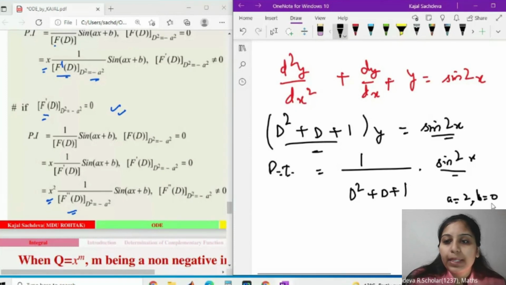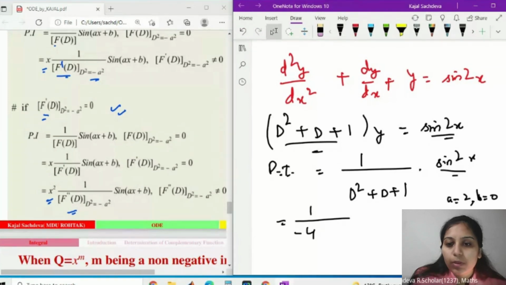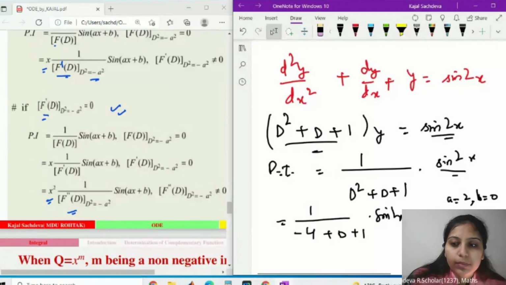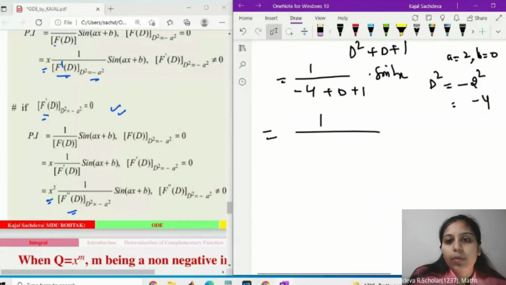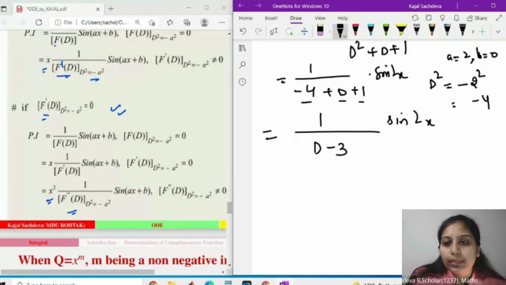So when we replace it by minus 4, we get D square minus 4 plus D plus 1 into sin 2x. So here we have 1 upon D minus 3, since minus 4 plus 1 is minus 3, sin 2x.